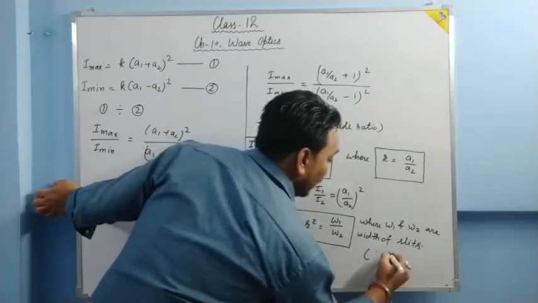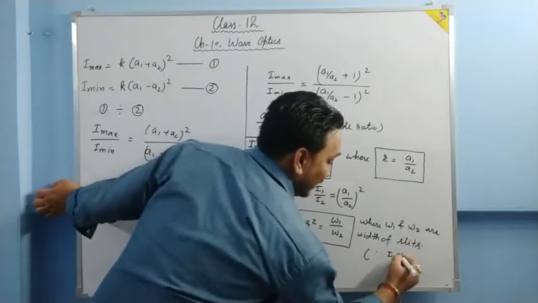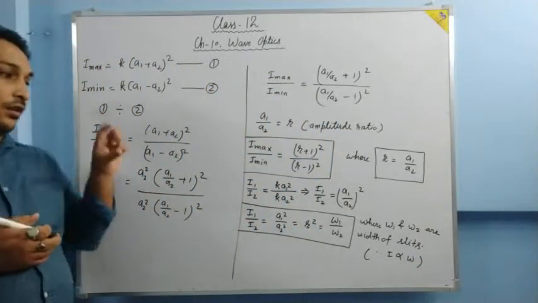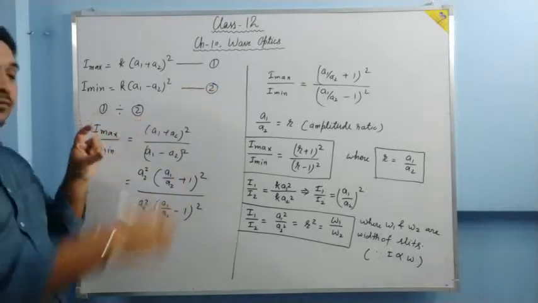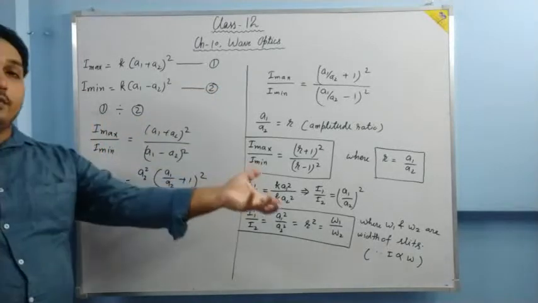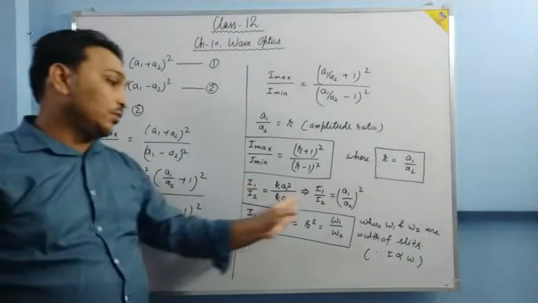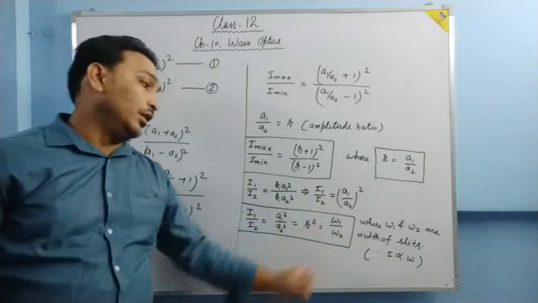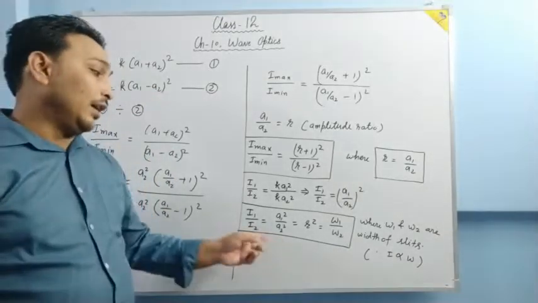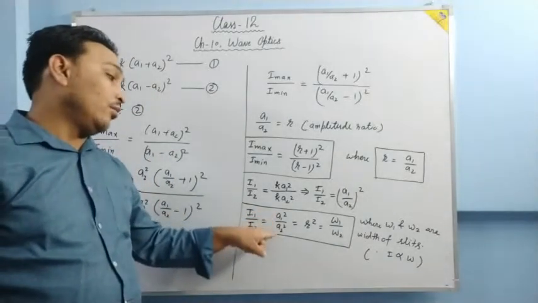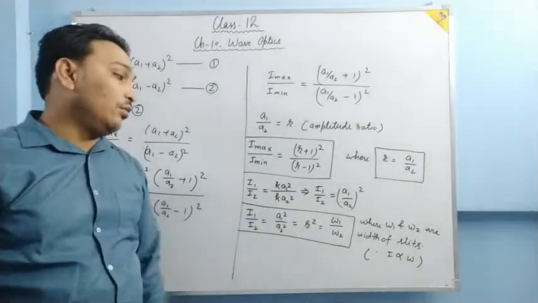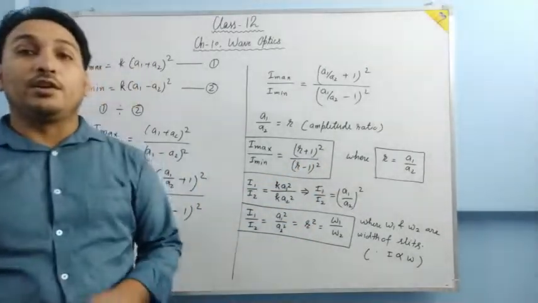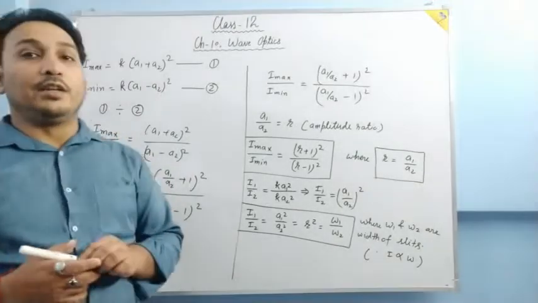And the reason is that intensity is directly proportional to the width of the slit, width through which the light is passing. If the width is more, intensity will be more. So I1 is proportional to W1, I2 is proportional to W2. We can write I1 upon I2 is equal to W1 upon W2. And meanwhile we are having A1 upon A2, A1 square upon A2 square, which is equal to R square. These formula will help us to solve the numericals related to amplitude ratio and intensity ratio.